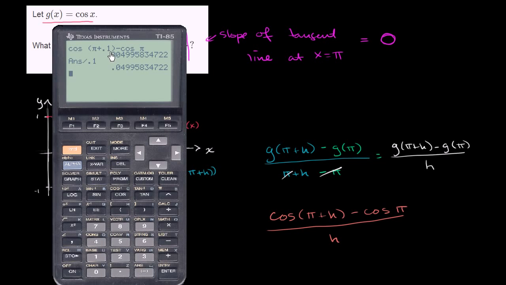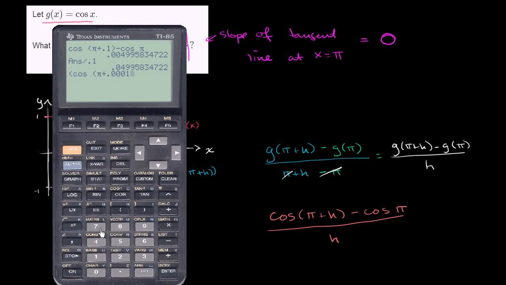Now let me make h even smaller. And I'll actually do it in one expression this time. So cosine of pi plus, actually make it a lot smaller, 0.0001.